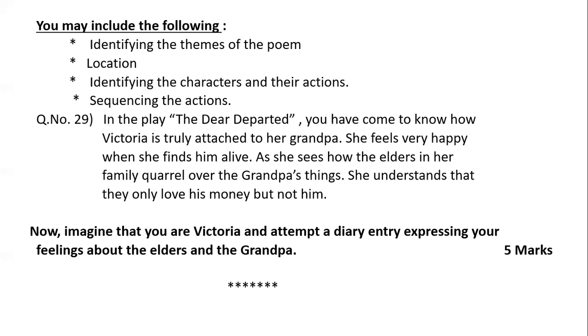So what will be the first action? Accordingly we have to write. I think you all understood how to write question number 28, and at the end you have to end this with some moral. Okay, now question number 29.